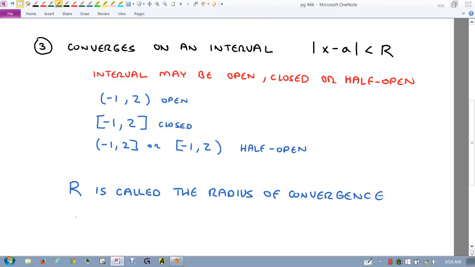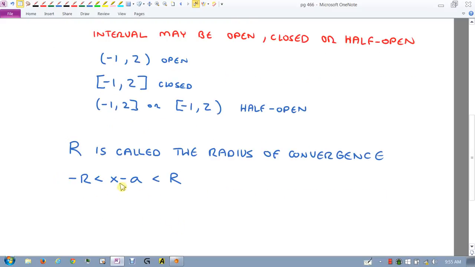And if you take -r less than x minus a less than r, remember I said if you want to turn this into an inequality, you drop the absolute value signs and you put negative r on one side, positive r on the other, right? And then if you want to solve for x, what would you do? Add a to everything. So if I do negative r plus a less than x less than r plus a, this right here is called the interval of convergence.